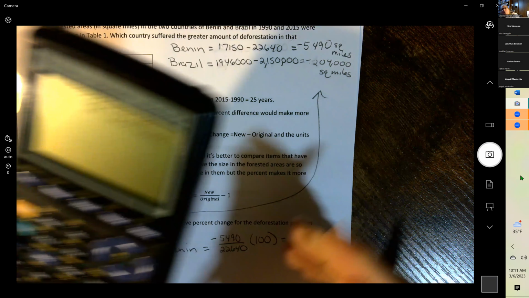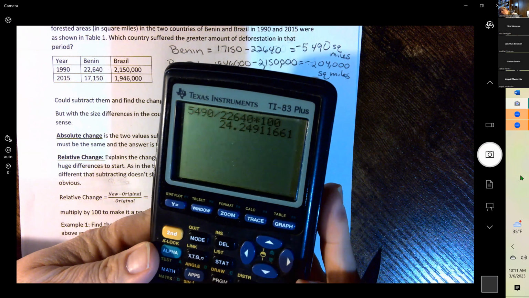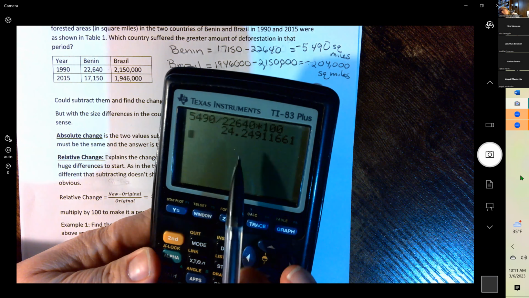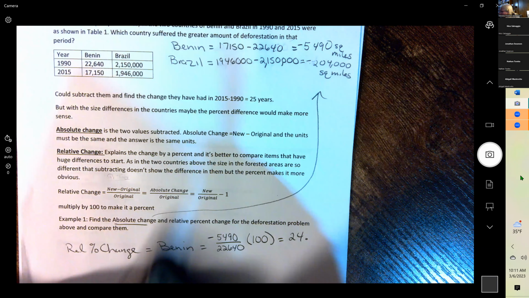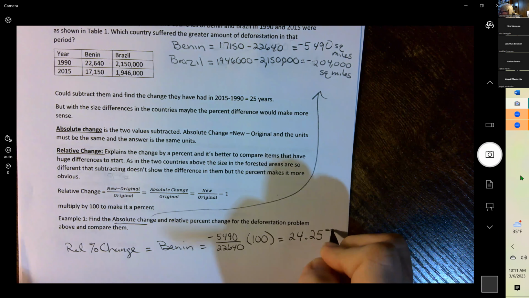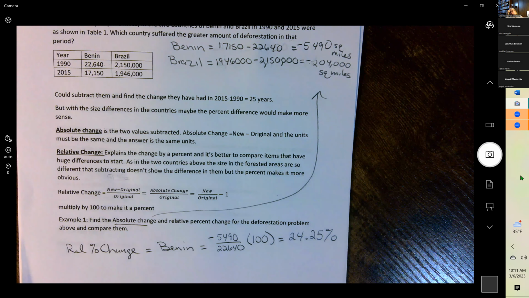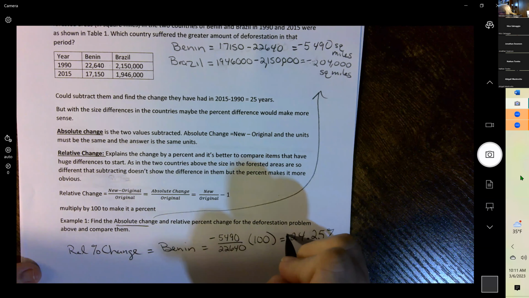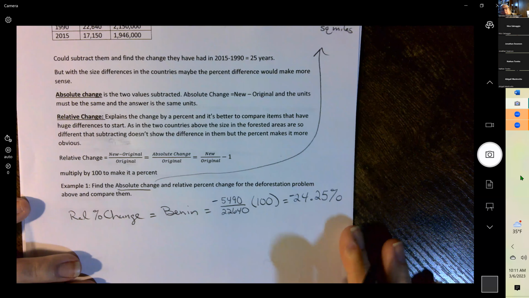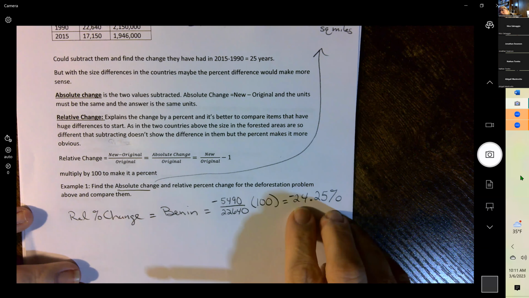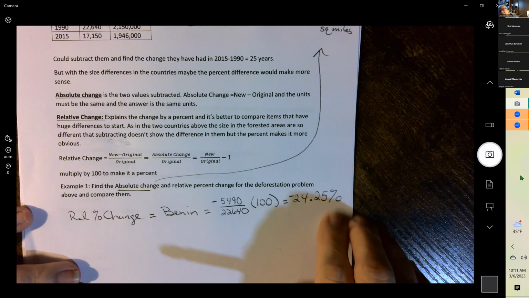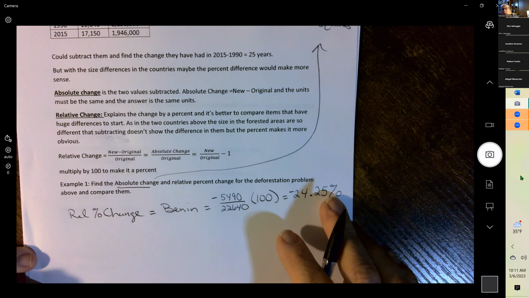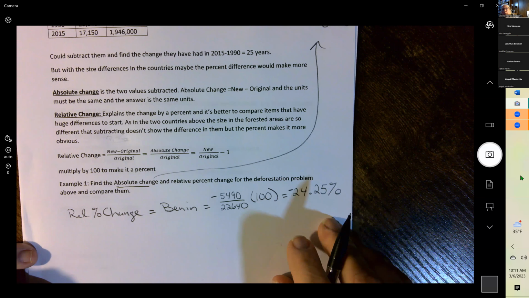I'm going to go two decimal places, so that 4 will become a 5. 24.25%. And it's negative because it's a decrease. So they cut down 24.25% of their forests. Almost a quarter of them.